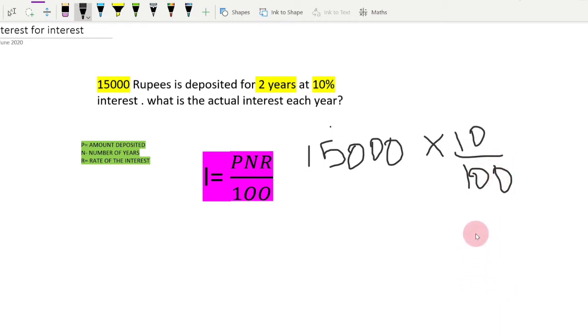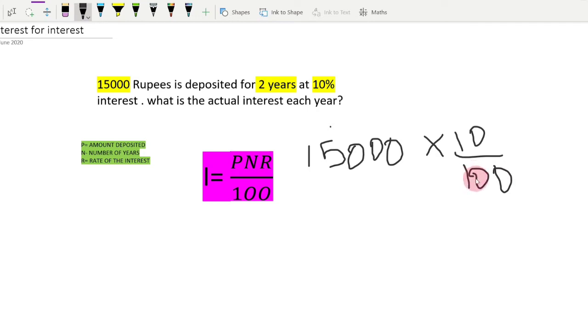Then for 2 years how many rupees do we have to pay? Yes, for the next year also we need to pay 15,000 into 10 by 100, so that is a fixed amount for each year. What is 15,000 into 10 by 100?